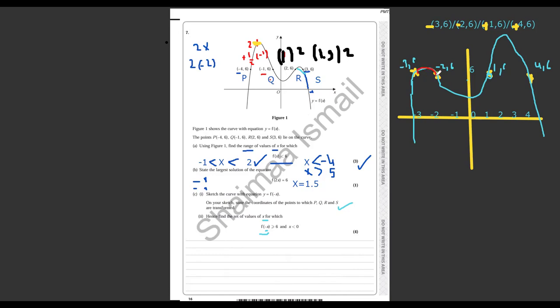I see it here, and also here. So we can say it is from negative 3 to negative 2, and also from 1 to 4.